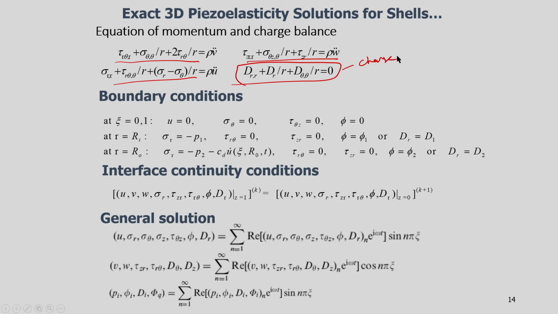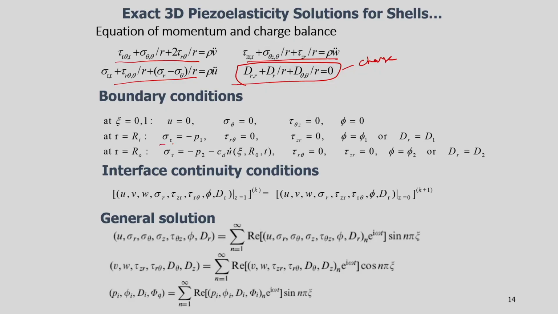I am going to explain what the new variables are here: sigma r, p1, p2 and tau zr. At the top or bottom we can apply electrical field, electrical voltage or electrical displacement, any one of these.